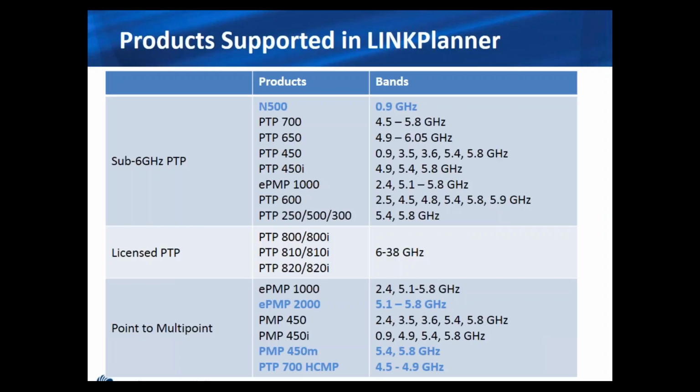In the point to multi-point, we support PMP 450, 450i, as well as ePMP. And now already integrated are ePMP 2000 as well as CN Medusa, which is 450M, plus PTP 700, which is high capacity and point to multi-point, in different bands.